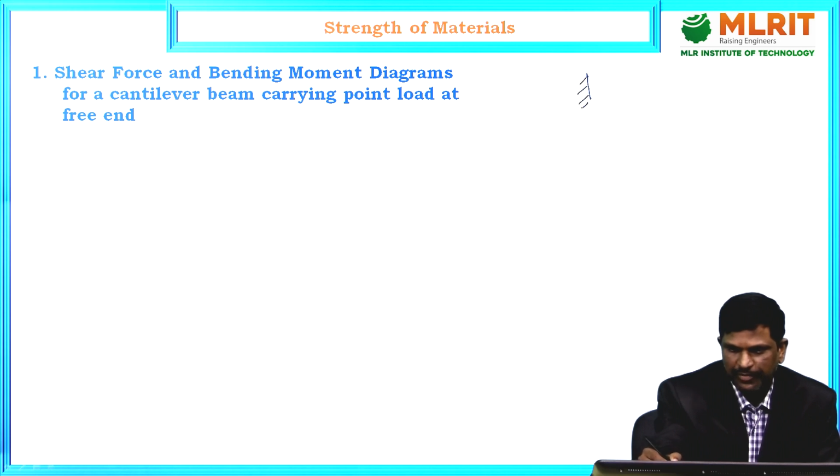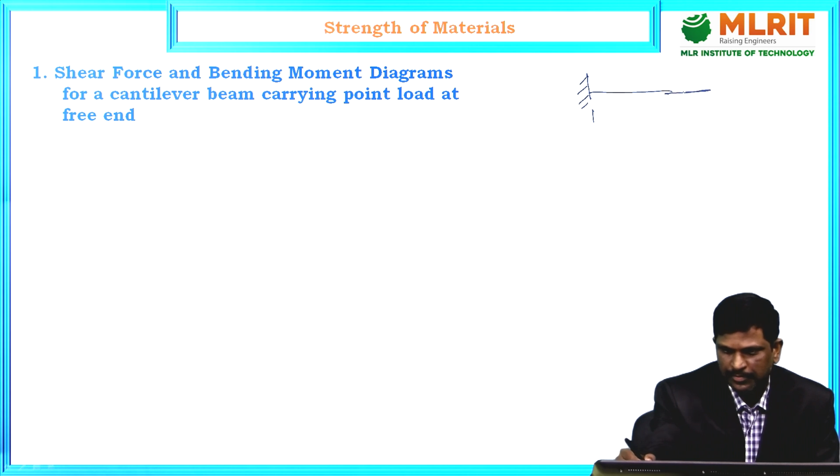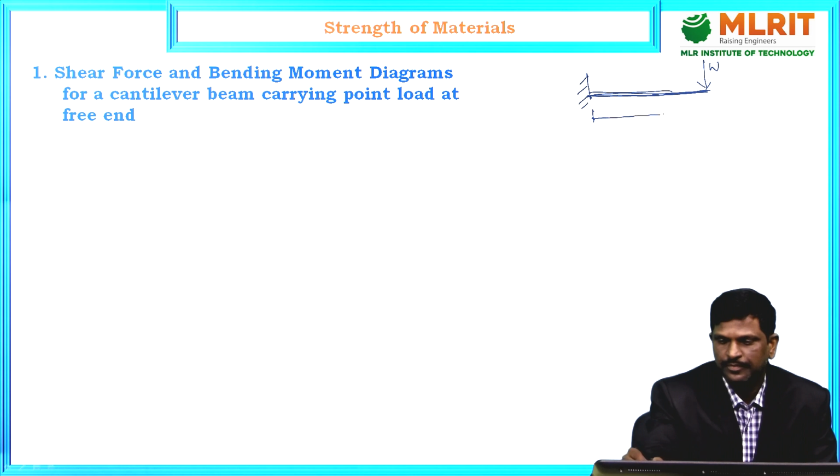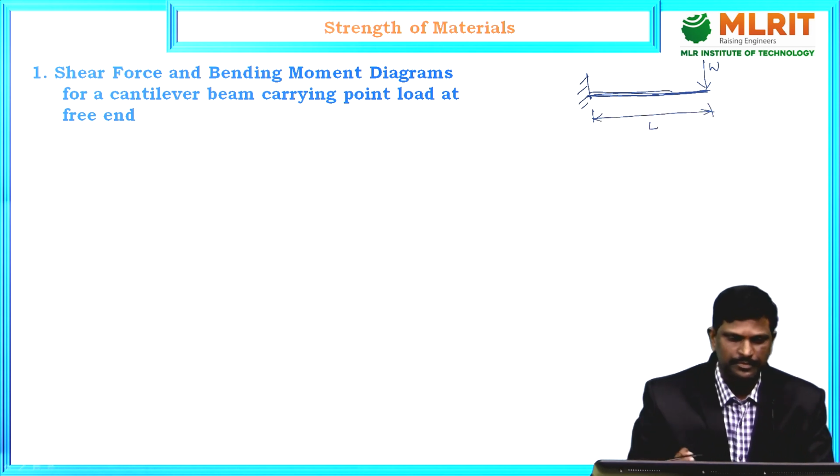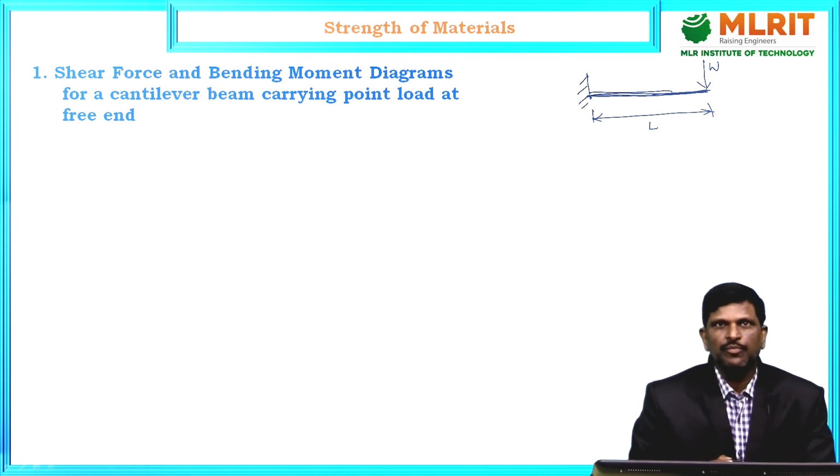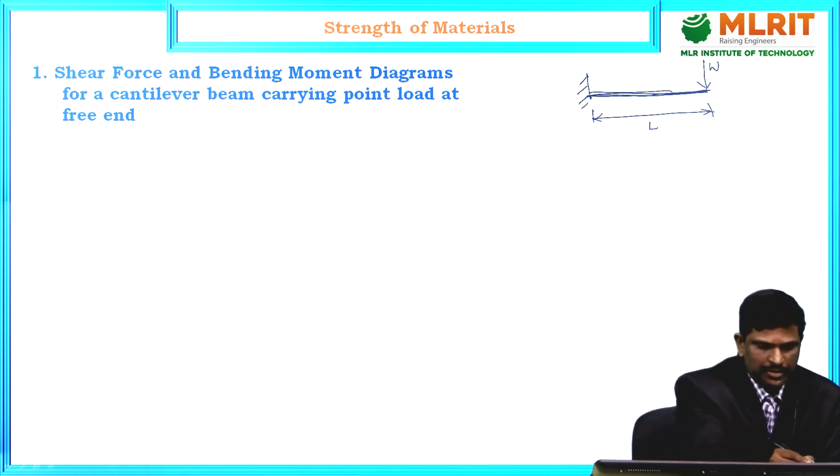Consider a cantilever beam of length L subjected to a point load W at its free end. First, find the support reactions of the beam. Find the support reactions by using static equilibrium equations.